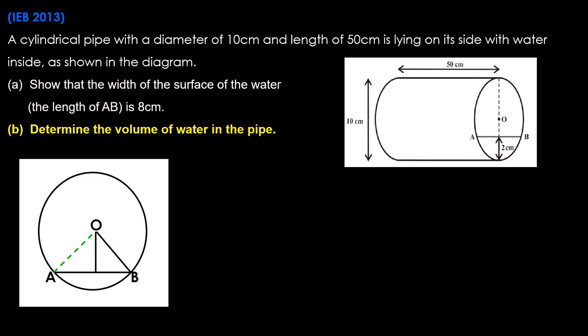Now we need to look at question B, which is determine the volume of the water in the pipe. Right, again, the volume is going to be made up of a sector minus my triangle. Now, before I can do that, I need to work out that angle theta in the middle. But again, I have 3 sides to the triangle because I've got 5 and I've got 8, and my other side OA will also be 5 because it's the radius.